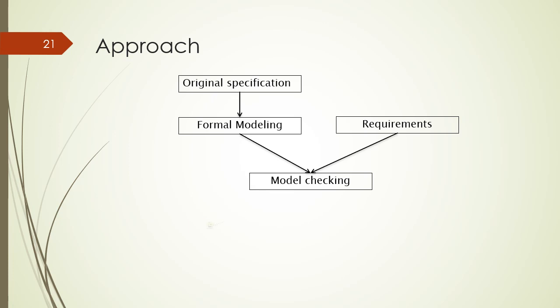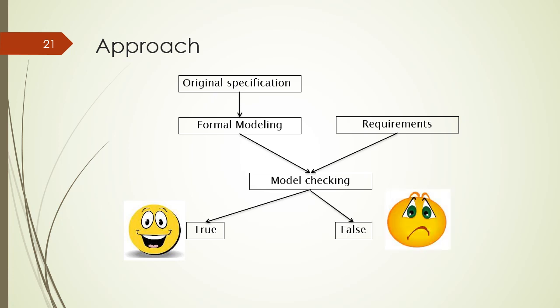If all the generated states are according to the original specification, then our formal model is proved to be correct. If some states are forbidden or unwanted and not according to our original specification, then our formal model has some error, and the forbidden states work as a counterexample.